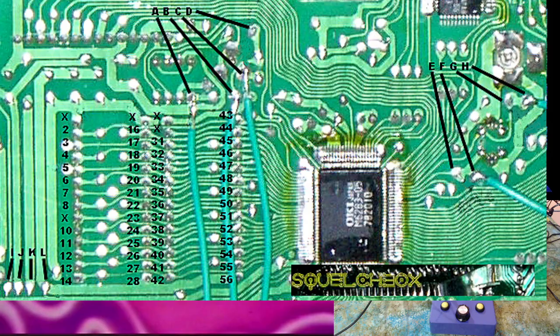This is the inside of an SK1, and if most people know about circuit bending in SK1, these are all the data and address pins, and they're doubled over here. So basically you could use this as a patch bay and get a bunch of glitches out of the keyboard just from patching these to each other. You don't have to cut any of these traces to do these data bends.